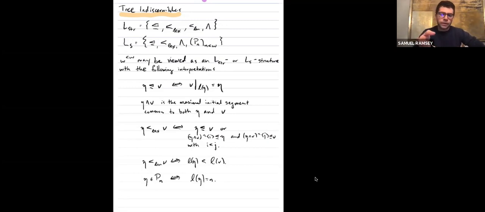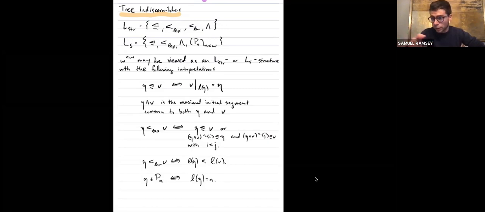Well, what are the elements of omega to the less than omega? They're sequences of finite length whose entries consist of natural numbers. So eta is extended by nu if, whenever I restrict nu to the domain of eta, to the length of eta, I get eta. So that's just extension of sequences.